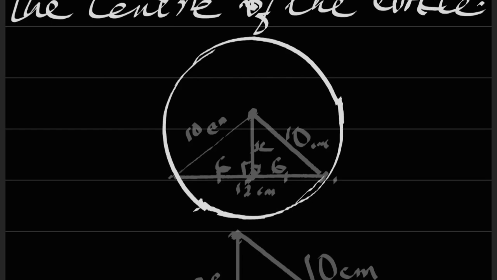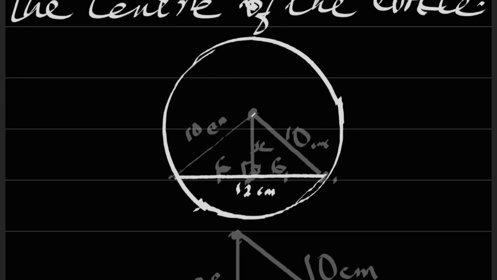Now let's analyze the question. A chord of a circle is 12 centimeters long. Let's draw the chord. Where's the chord? This is the chord. The chord is 12 centimeters long.